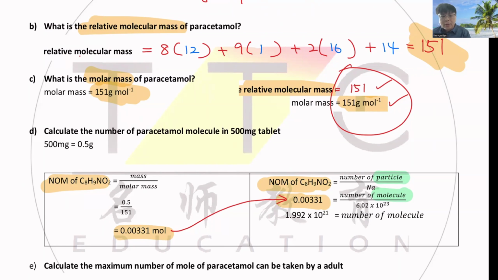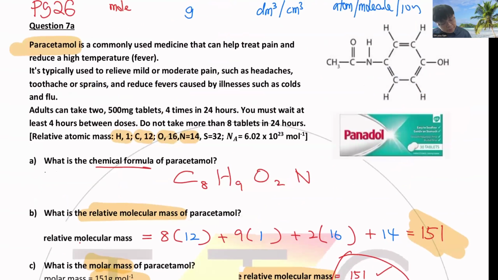Okay, so this shows you how to convert the mass in gram into how many molecules. For gram you use mass over molar mass, then for molecules you use number of particles over Avogadro's constant.